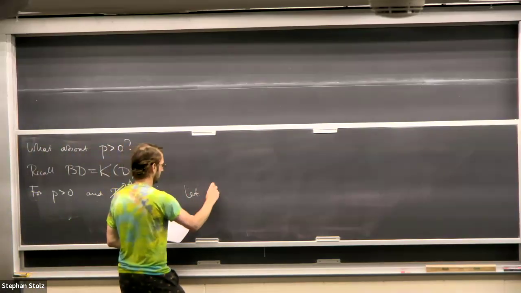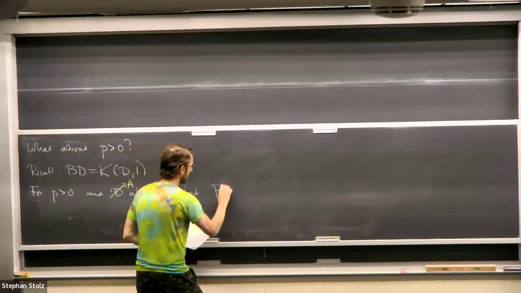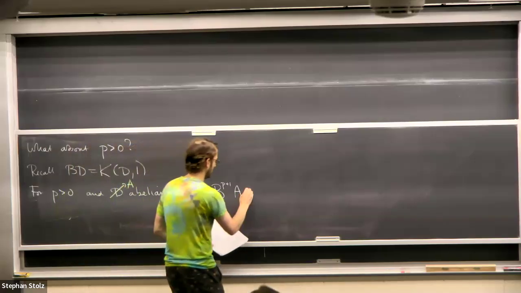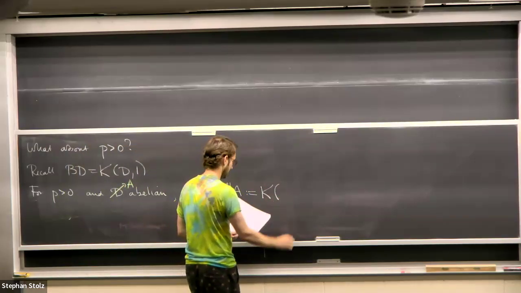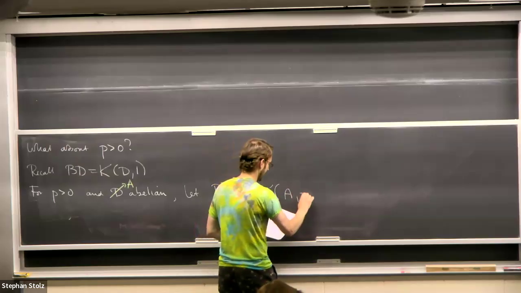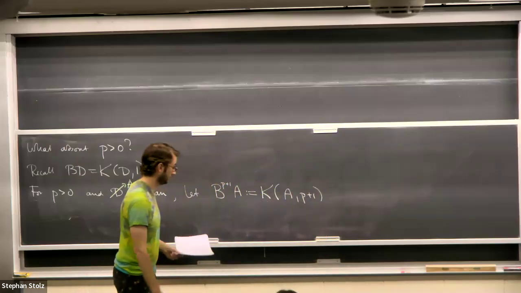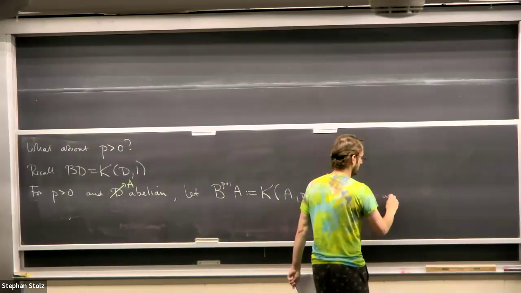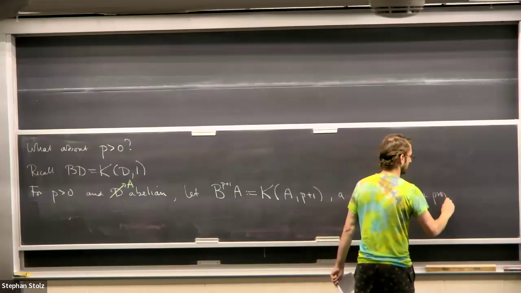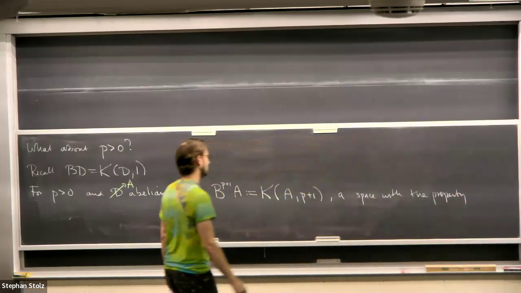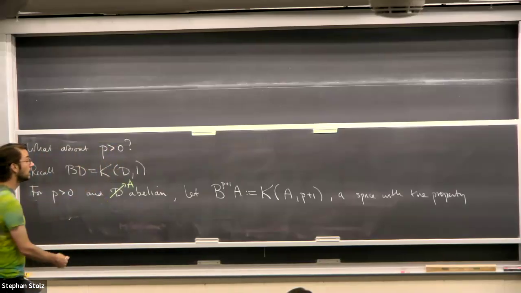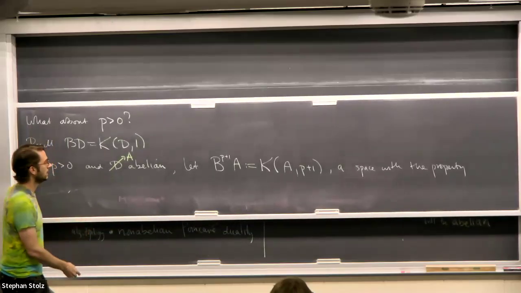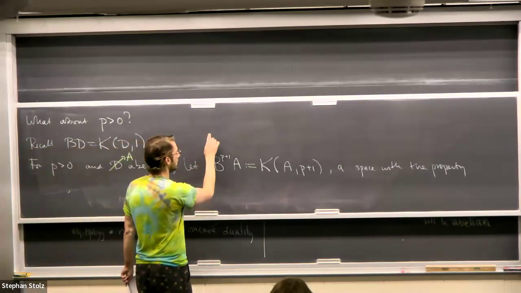But B of P plus one of A, that's going to be another space, defined to be this Eilenberg-MacLane space, K(A, P plus 1), a space with the property. For P equals 0, I should have BA equals K(A, 1). So something's off with the shifts.